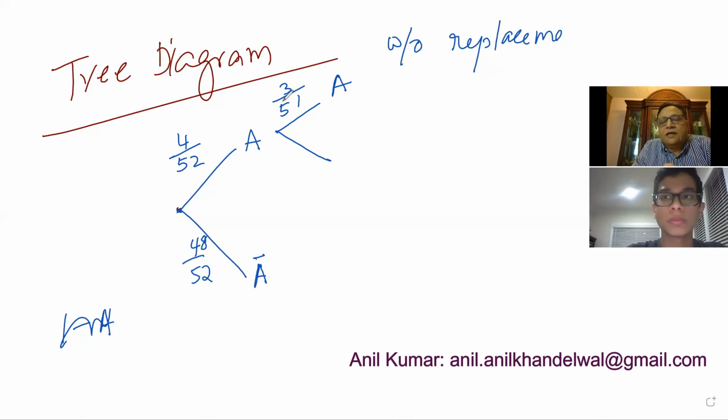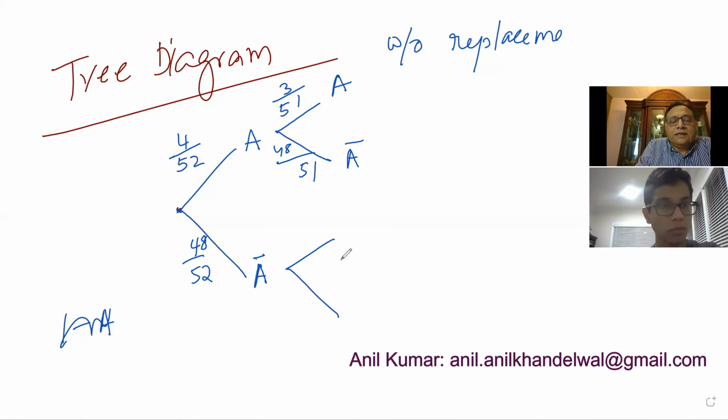Not getting an A will be 51 minus 3, how many? 48, right? Yeah, 48.